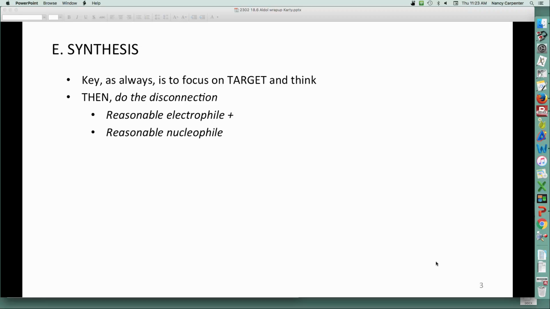Once you have figured out that I should be able to make this by disconnecting this bond or by using this chemistry, do it. Do the disconnection. Break your target molecule into pieces that consist of a reasonable electrophile, something you've seen before, and a reasonable nucleophile, something you've seen before.